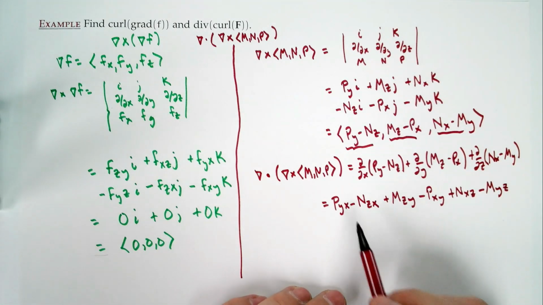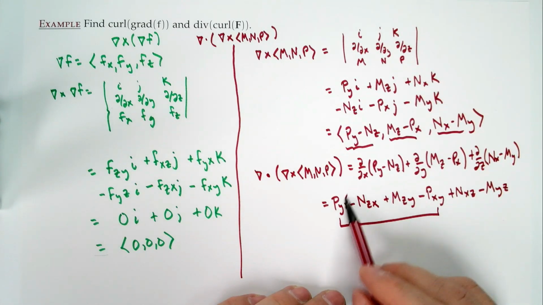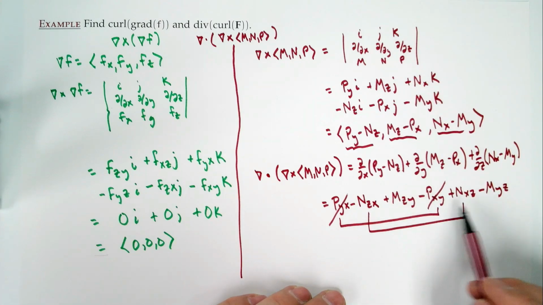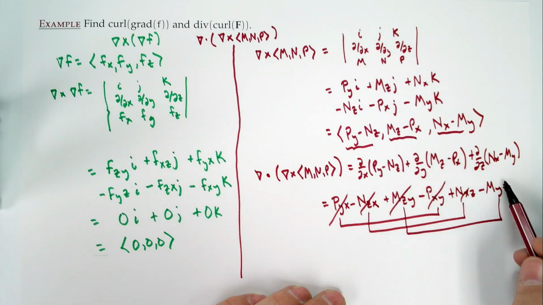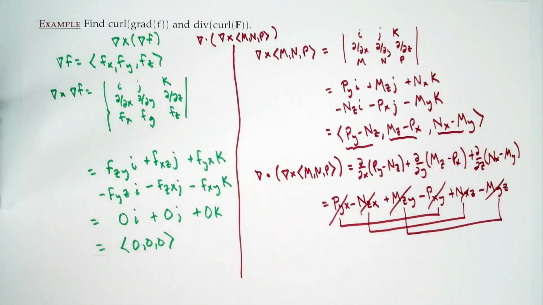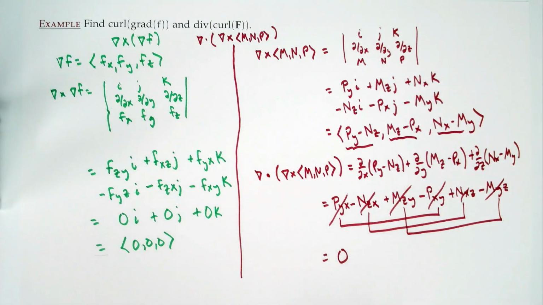Well, you might notice pyx and pxy, they cancel. nzx, nxz, cancel. mzy, myz, cancel. What's left? Well, nothing's left. We've canceled everything. And so we got 0. But now it's the 0 number, not the 0 function.